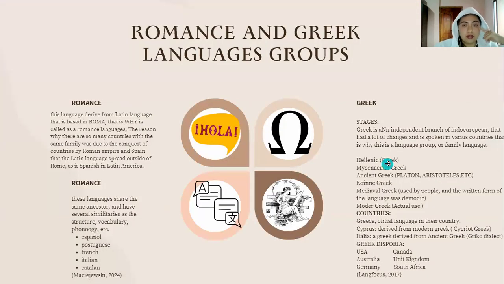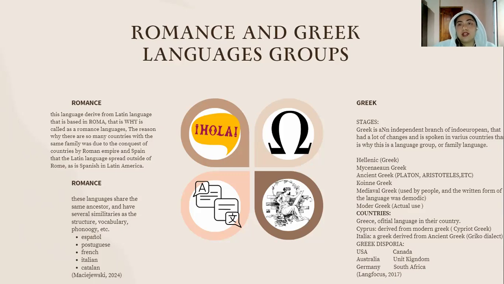Here we have the Romance and Greek language groups. First, Romance. Romance is about the Latin language, and it's not about romance as in love or something else. It's called Romance because Latin comes from Rome. The reason there are so many countries with the same family was the conquest of countries by the Roman Empire and also the Spanish Kingdom in Latin America.